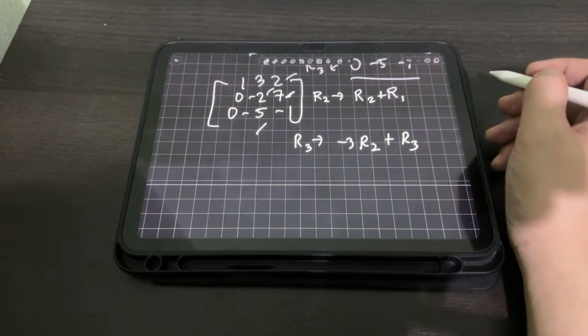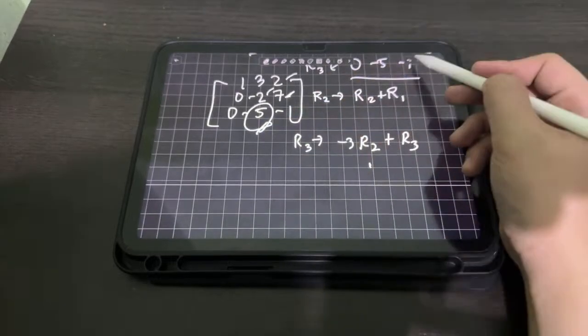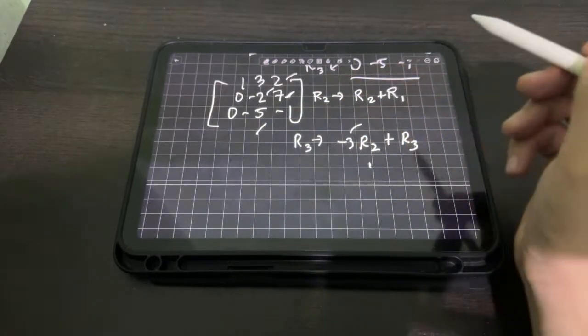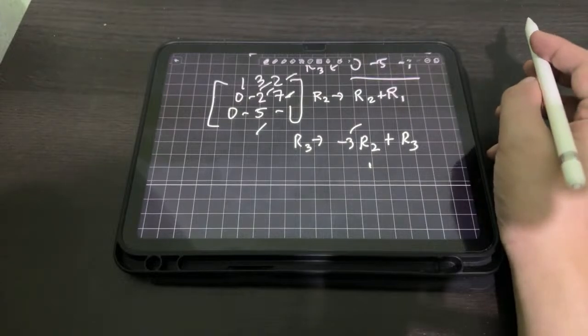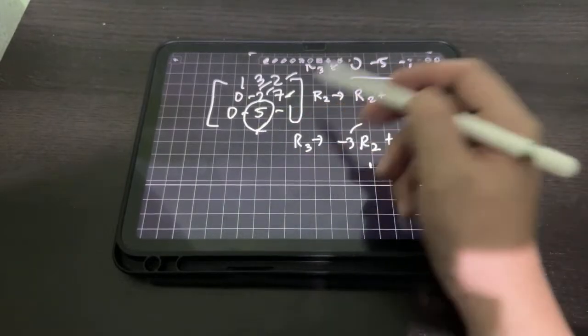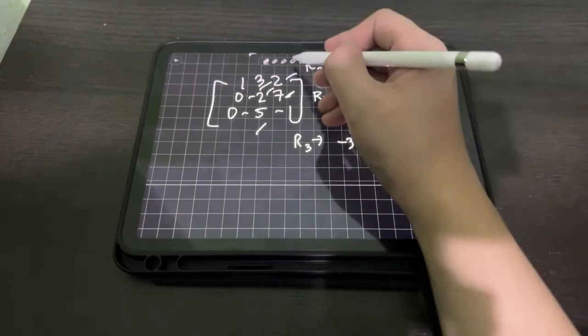We can create a 1 here, because negative 3 times negative 2 is positive 6, and positive 6 plus R3's negative 5 is 1. Okay, good. So let's try that.